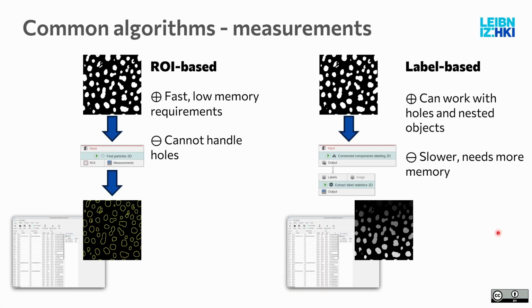So far we have used ROI-based measurements using Find Particles 2D, also the ImageJ particle finder. This is straightforward, the standard stuff if you're coming from ImageJ. ROIs in ImageJ are contours around areas. These ROIs are super low memory and super fast, and have one disadvantage: they cannot have holes. You cannot draw something around something that has a hole.